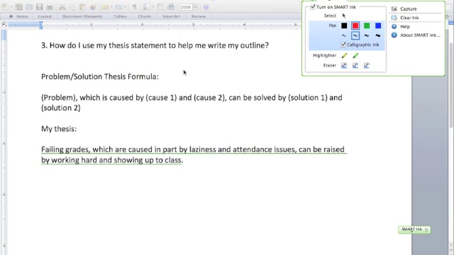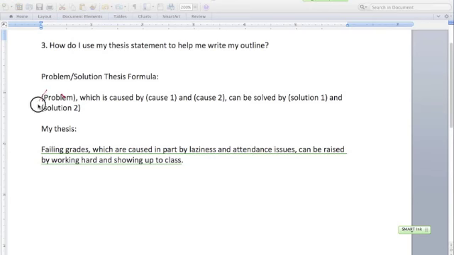You can see the formula right over here, which is that the problem, circle that, which is caused by cause 1 and cause 2, can be solved by solution 1 and solution 2. Here's my example problem solution thesis right here.